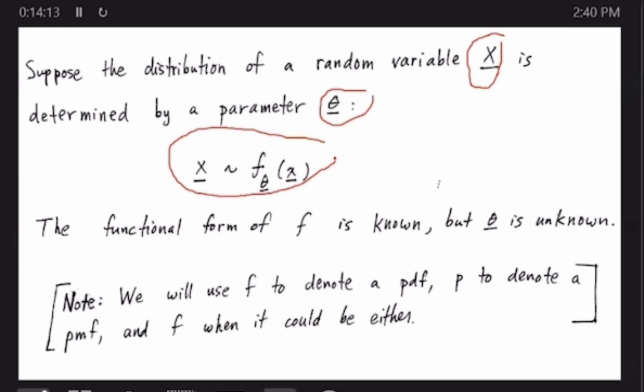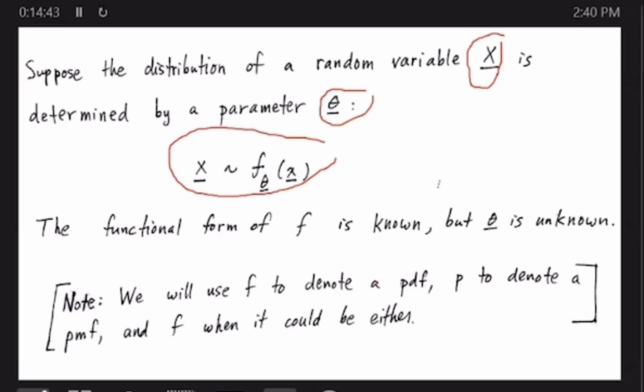Now, if you take a look at the note, I said we will use f to denote a PDF. We will use p to denote a PMF. PDF is the probability density function of a continuous random variable. PMF means a probability mass function of a discrete random variable. Okay, now any question about this slide? Any question about this slide?